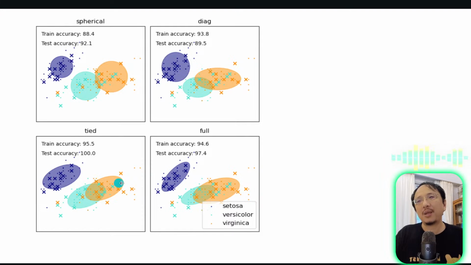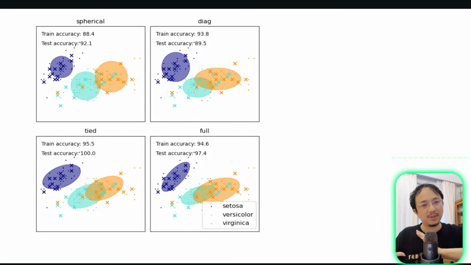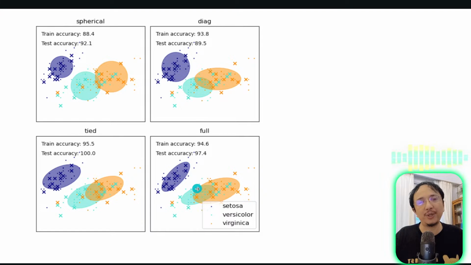Or maybe they can have correlations and different standard deviations, all of these things. But each of the Gaussian distributions has the same covariance. Or you can have the full freedom, where each Gaussian distribution inside this Gaussian mixture has its own covariance matrix.